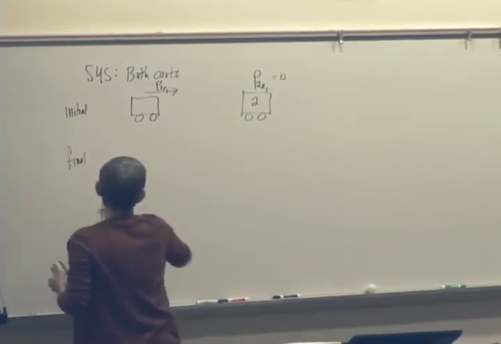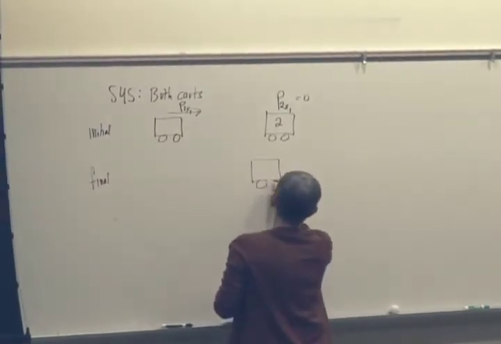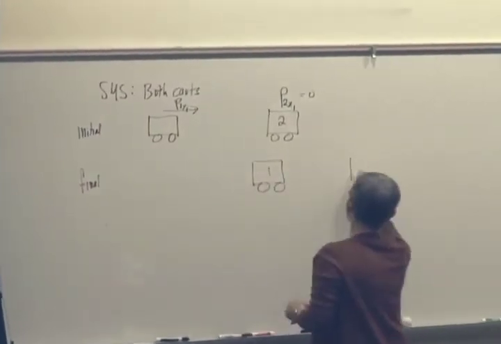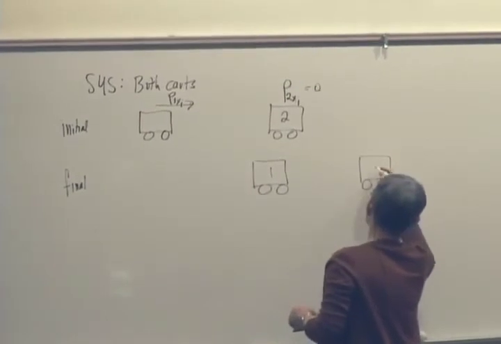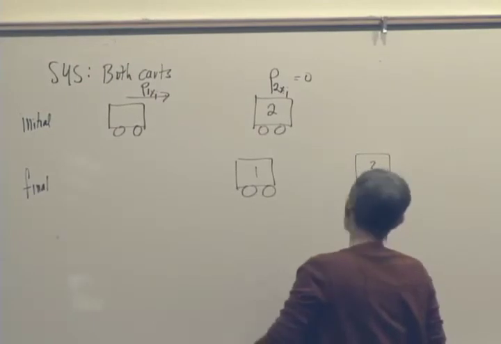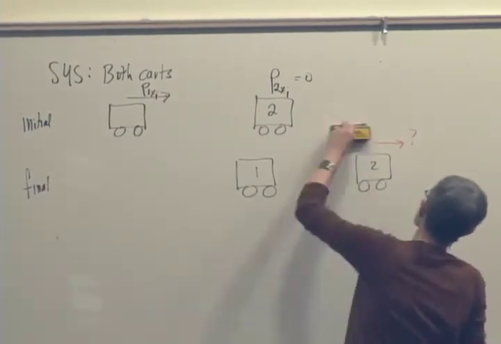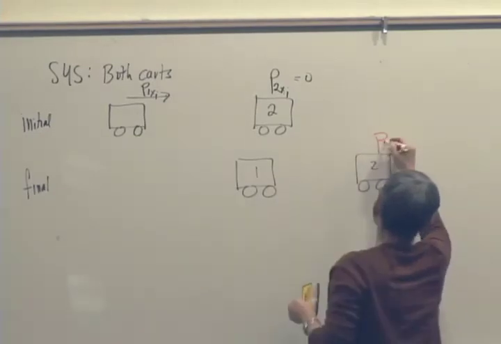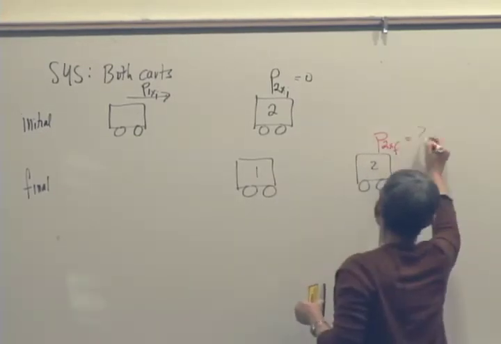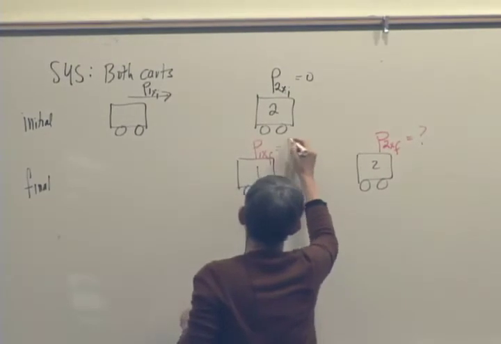So that's the initial situation. And in the final situation, we've got these two carts, 1 and 2, and we want to know, so let's write it this way, P2x final and P1x final.